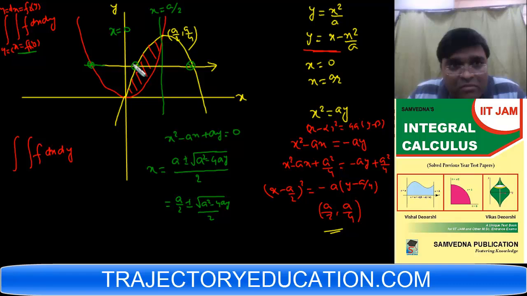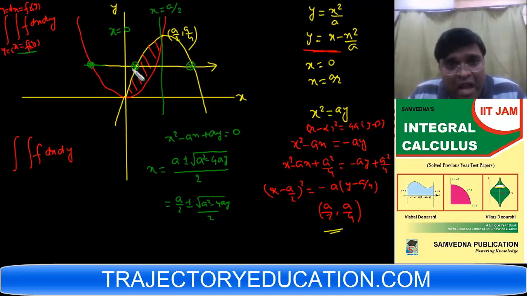This is a by 2. This is a by 2 plus and this is a by 2 minus. Forget this, this is a different curve. So we are getting two values of x because the arrow intersects first over here and then over here. See, this distance is a by 2. This point is on the left of this line.